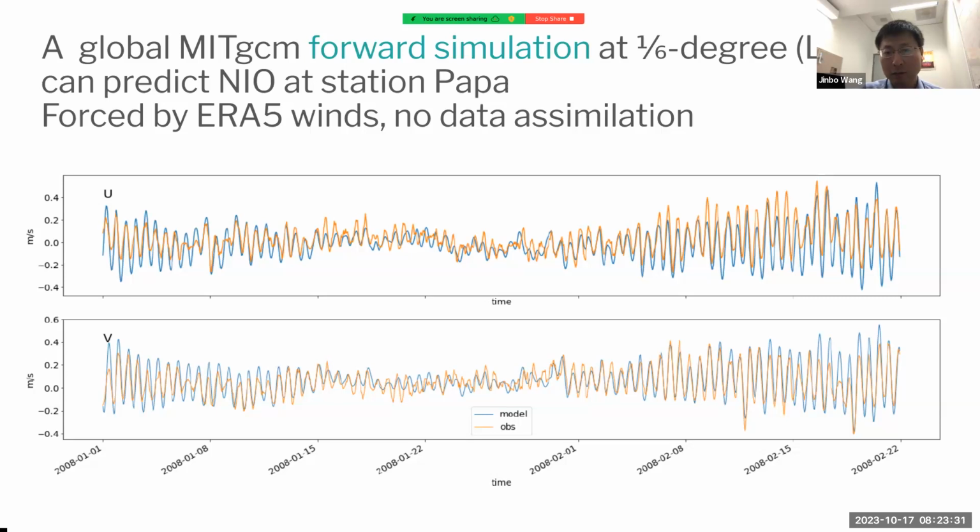So we did not do full-blown MRTGSM data simulation, but this is a demonstration that the dynamics in the real ocean is captured by the low resolution models. Next, Clément.